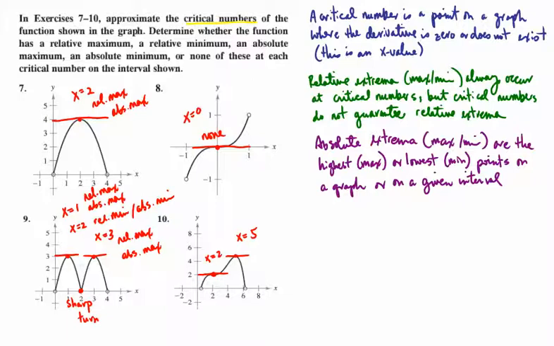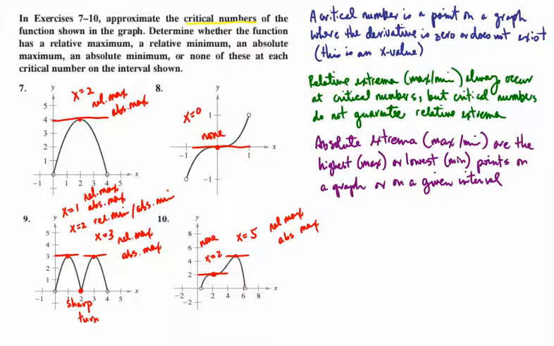Next, in number 10, we can see that at x equals 2, none of those is the case. We don't have a relative max or relative min, absolute max or absolute min. At x equals 5, we have a relative max, and we also have the absolute maximum on the given interval there. Alright, so hopefully that's clear.